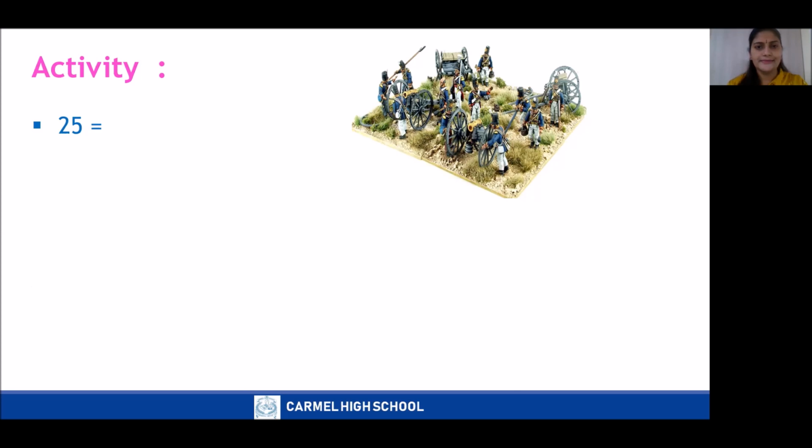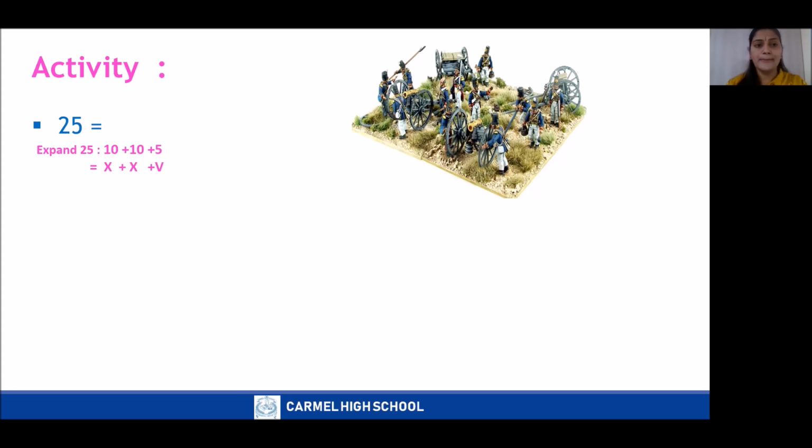Done? How did you do? Yes. First, we need to expand the number 25. And it is 10 plus 10 plus 5. And for this, we are going to convert 10 plus 10 plus 5 into Roman numerals, that is X plus X plus V. Clear?